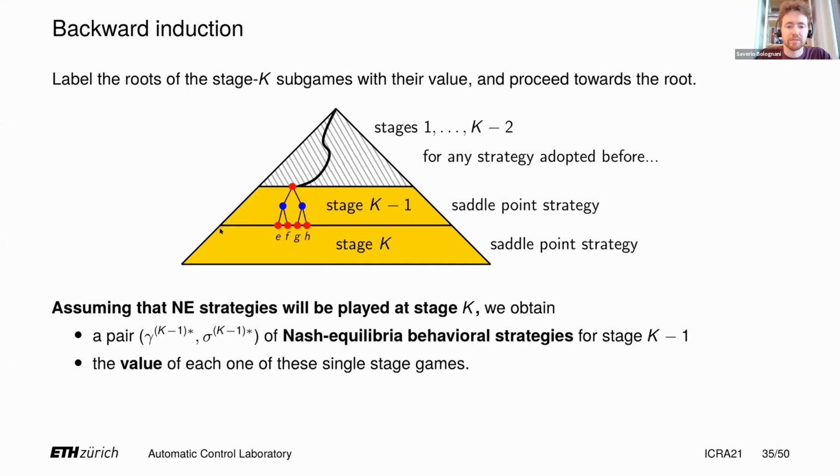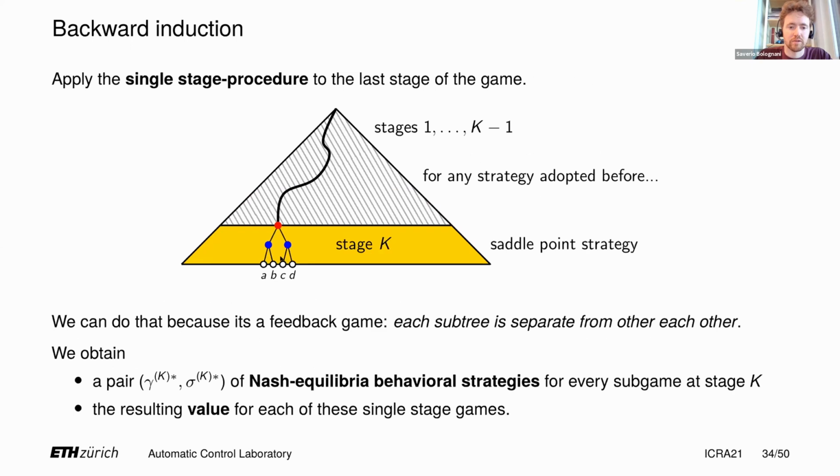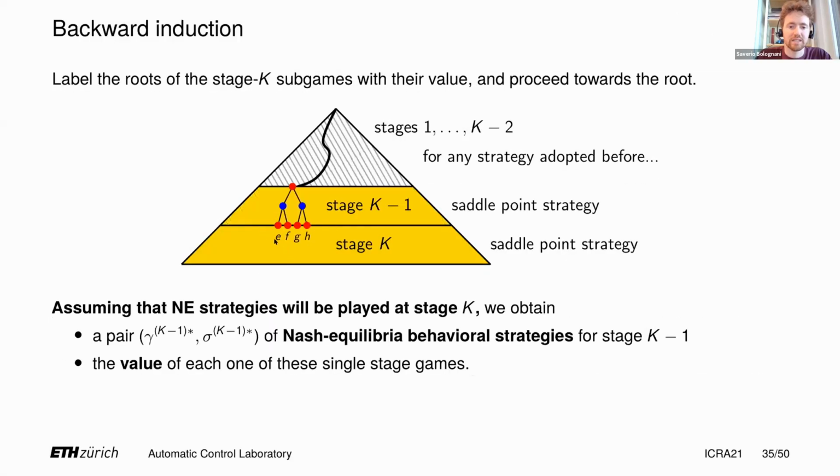Now, what you can do is prune the tree, remove the last stage, and attach the value of these subgames to the roots of the subgames. Now there were all these games here, and now we just attach the values E, F, G, H. Now these are a large number, but increasingly smaller number of individual games.